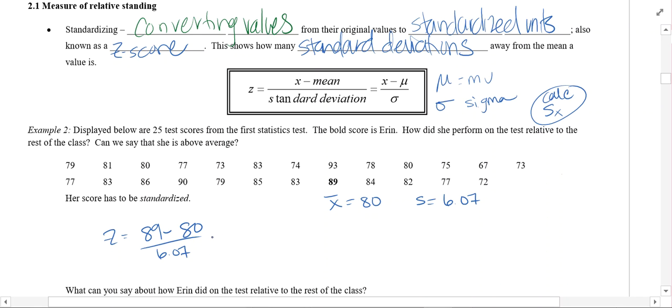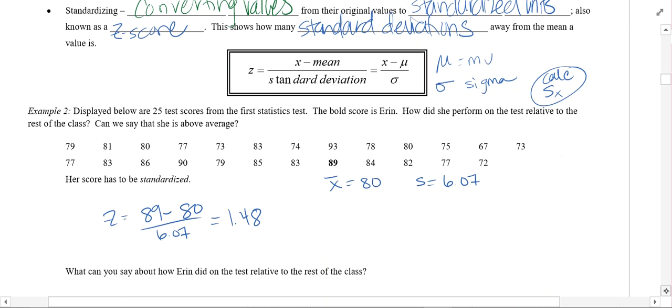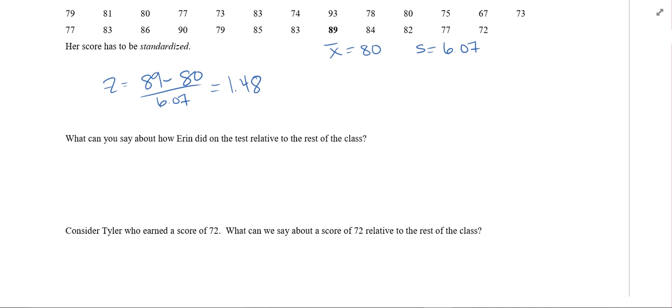When you calculate this, you should get 1.48. Check with each other, make sure nobody had technical difficulties. So what can you say about how Erin did on the test relative to the rest of the class? This is interpreting a z-score, which is a big thing for this chapter.